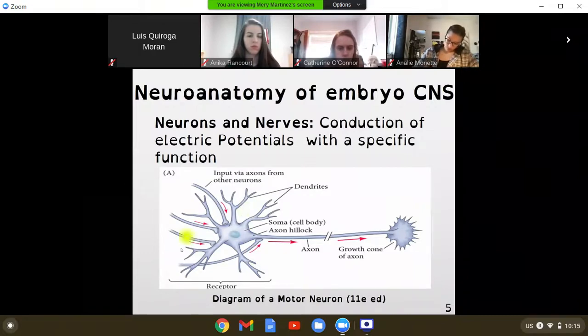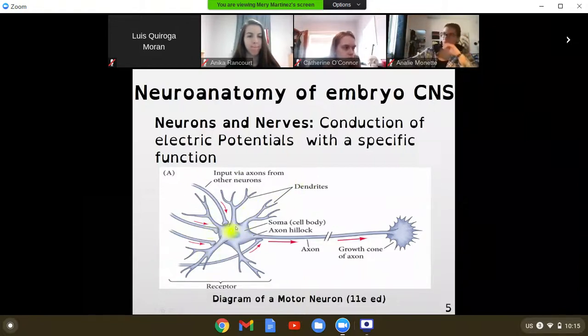Now, the anatomy of a neuron, which by now I hope, being a biologist, you know as the basic structure. We have these branching extensions, like sticks, that pick up the electric signal impulses from other cells, which we call the dendrites.